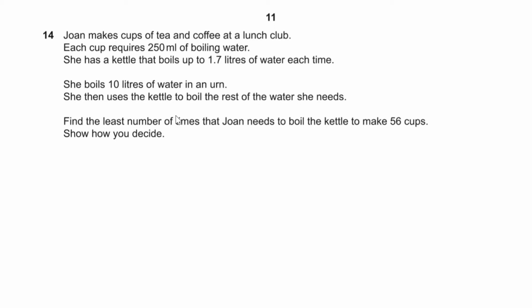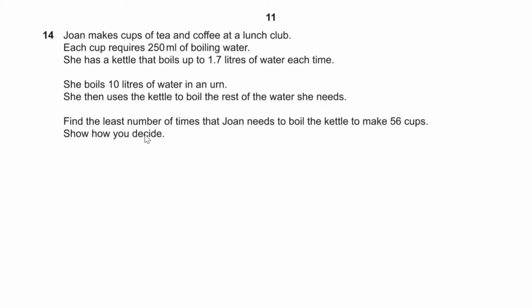Question number 14. Joan makes cups of tea and coffee at a lunch. Each cup requires 250 millilitres of boiling water. She has a kettle that boils up to 1.7 litres of water each time. She boils 10 litres of water in an urn. She then uses the kettle to boil the rest of the water she needs.